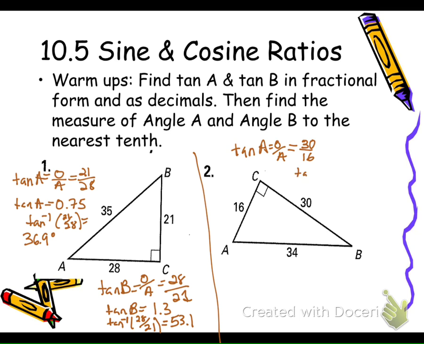Okay, so then we have tan A, and if we were going to put that in our calculator, Ravenclaw, what is 30 divided by 16? What did you get? 1.87.